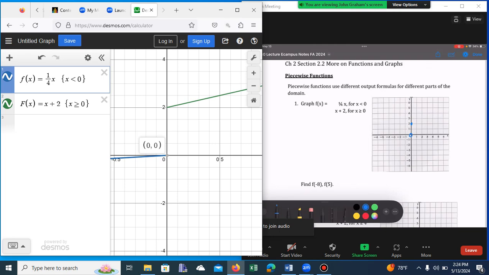For x plus 2, we're going up 1 each time. For 1/4 x, it's rise over run, so we're going up 1 over 4.